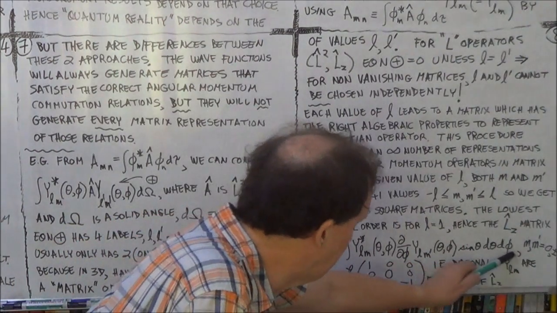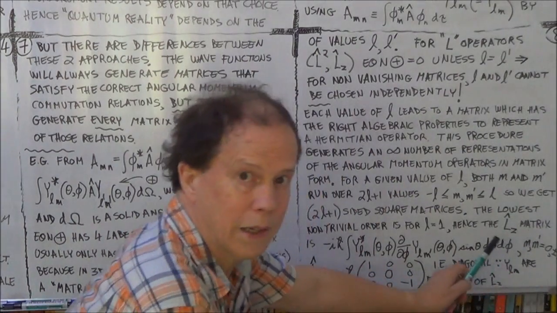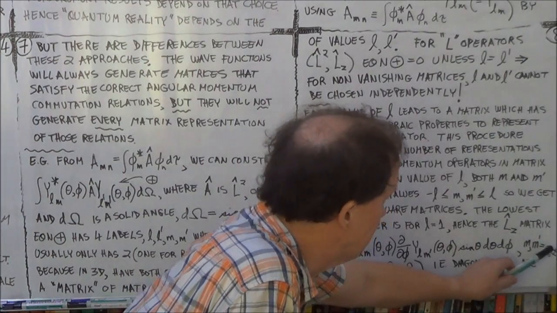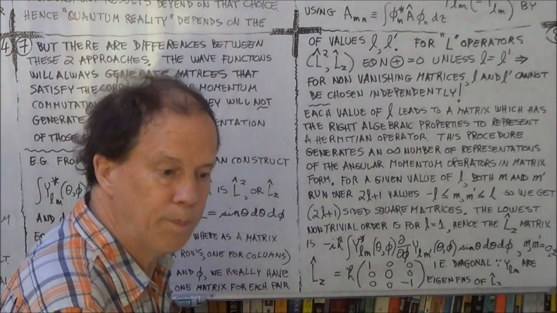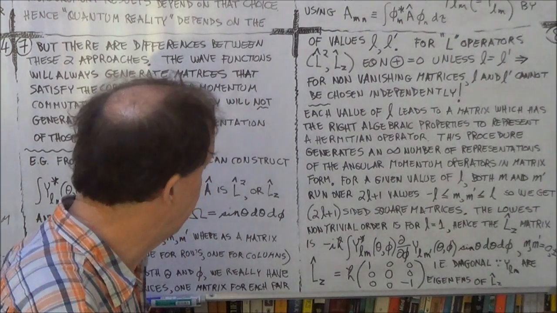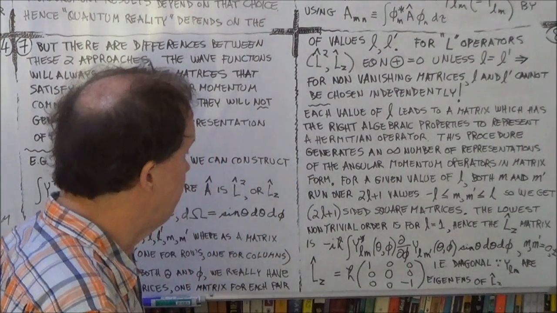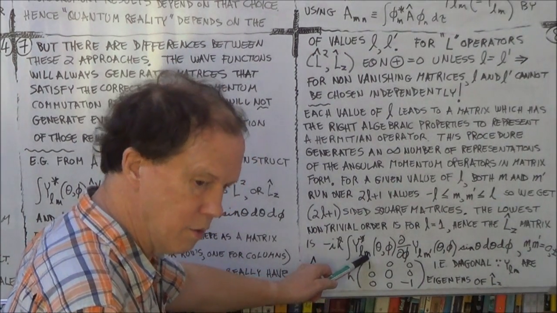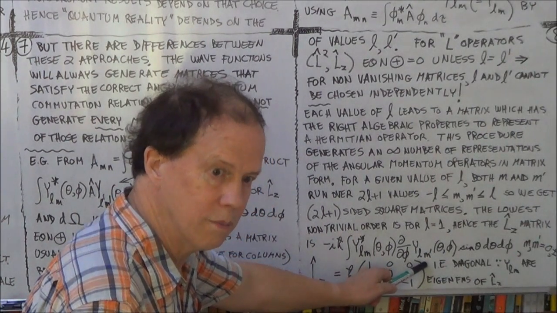Here's your solid angle again. M and M dashed independently range over the values 0 and plus or minus 1. So they can have 3 different values each. So you're talking about a matrix of 3 by 3. You have to calculate this matrix for L is 1 and M is -1, 0, plus 1, and for M dashed also -1, 0, plus 1.